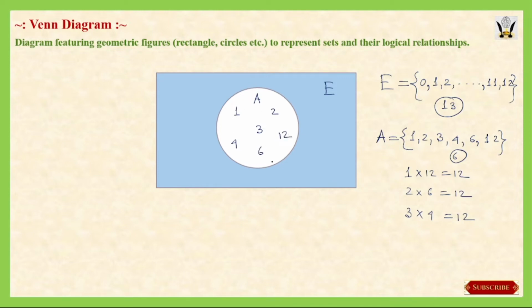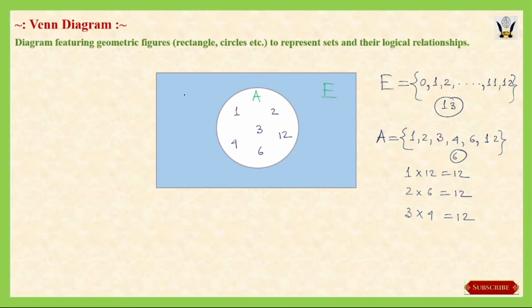And apart from these 6 values, the universal set has 7 more values, because the universal set has values from 0 to 12, in total 13 elements, and set A has 6 elements which are also within 1 to 12. So apart from these 6 elements, this universal set has 7 more elements.